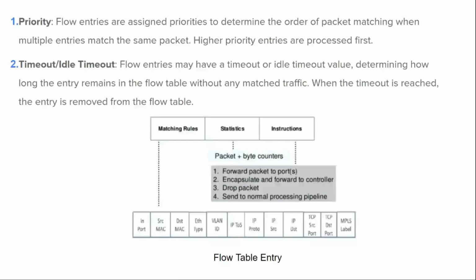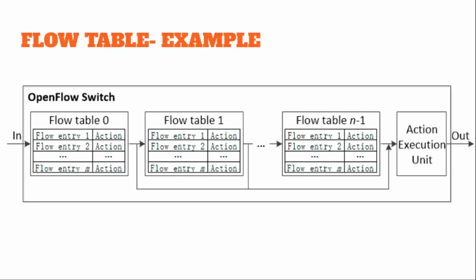And a flow table entry, which I already mentioned as a flow rule, is like this. As you can see here, we have the matching rules, and these are the 12 match fields to be considered. Then we have the statistics, which have the packet here, and this is the instruction. It's the same as the actions to be taken on the packet that has arrived. And this is basically an example of the flow table.